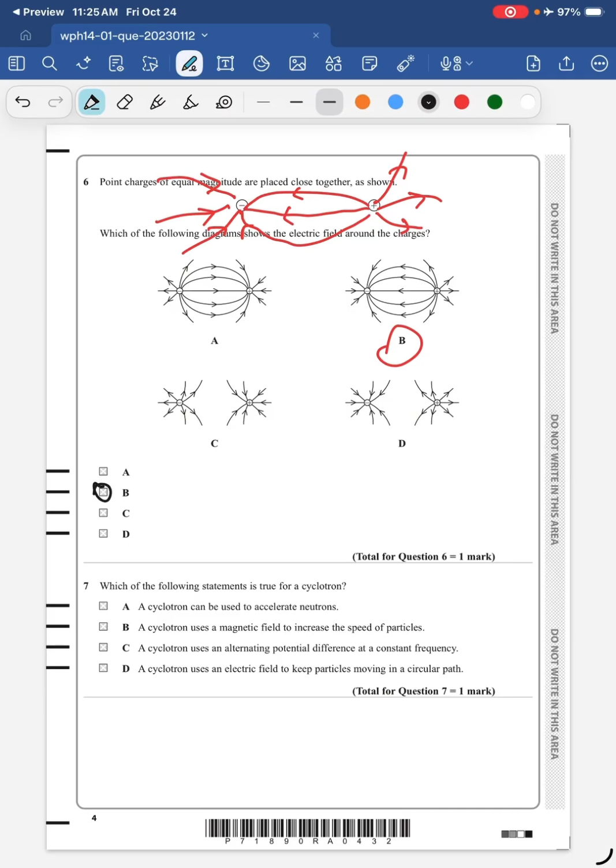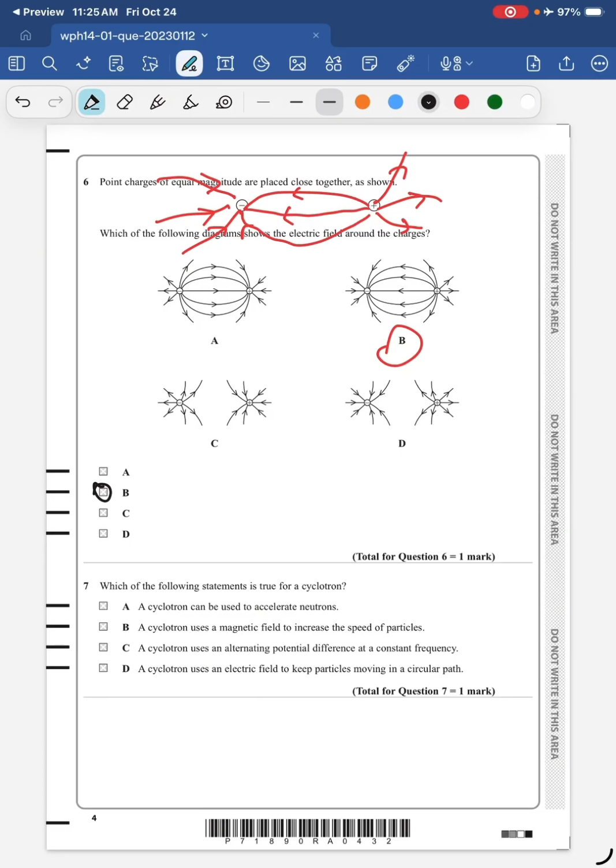All right, question 7. Which of the following statements is true for a cyclotron? A cyclotron can be used to accelerate neutrons. That's totally false. A cyclotron uses a magnetic field to increase the speed of particles. Magnetic fields cannot increase the speed of particles. They can only bend their direction of motion.